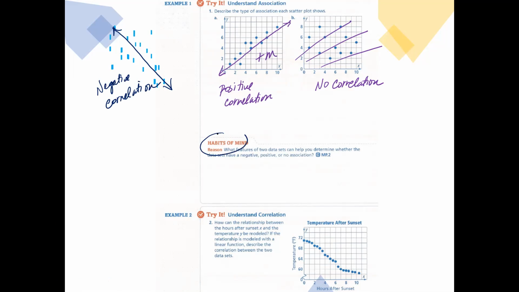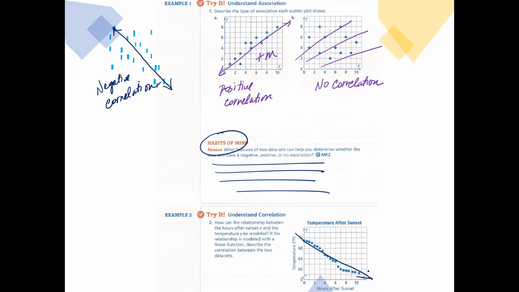Go ahead and write down your thoughts on habits of mind, which says determine whether the data sets have a negative, positive, or no correlation or no association. Example 2. How can the relationship between the hours after sunset X and the temperature be modeled?